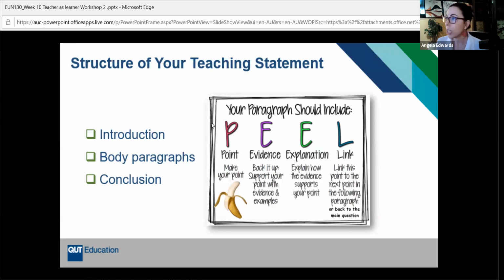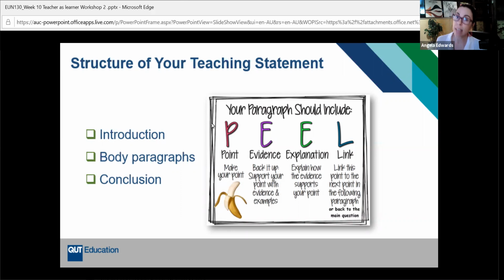So the introduction, this should be your thesis statement where you discuss your general beliefs about education as well as your ideals in relation to teaching and to learning. Your body paragraphs, they need to include clear unpacking of your beliefs, so down into paragraphs, making them more specific.